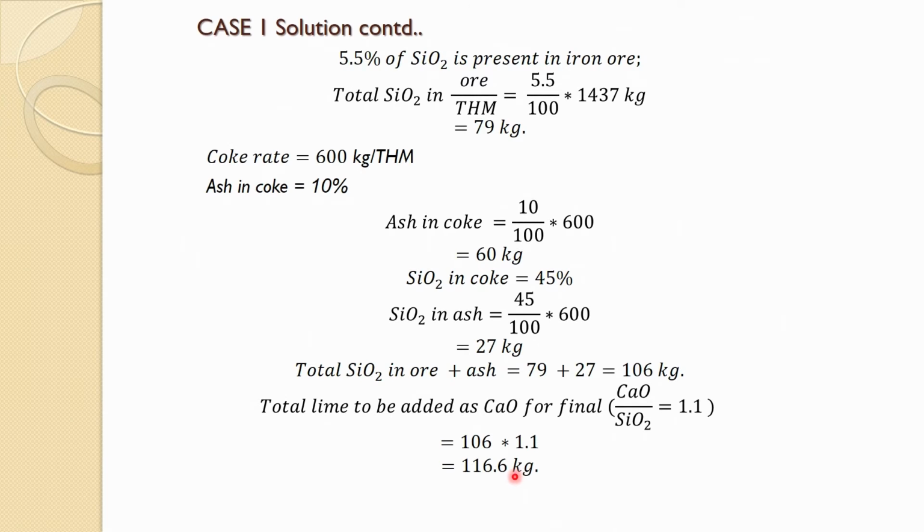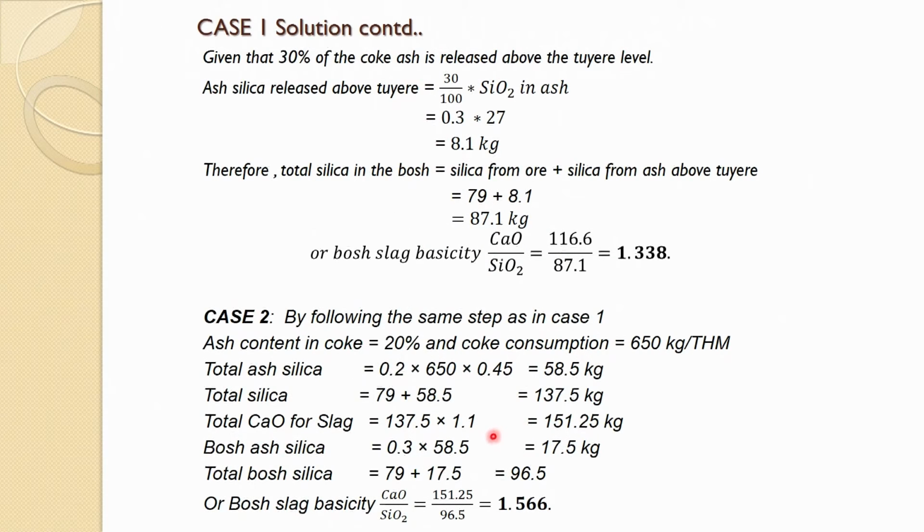Now, we know this, and we have to see case 1, which says 30% of the S which is released from the coke above the tuyere level. So, 30% is going, and that will actually contribute toward the formation of the Bosh slag. So, silica released above the tuyere level: we know 27 kg was present, 30% is being released, which comes to 8.1 kg.